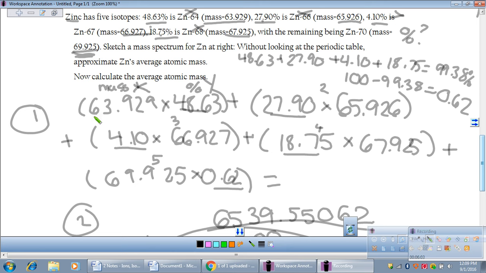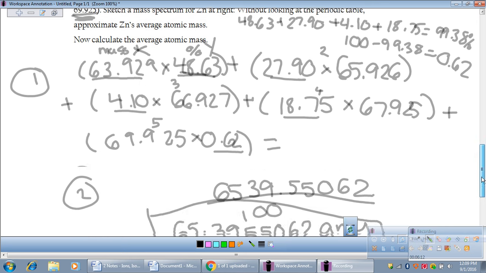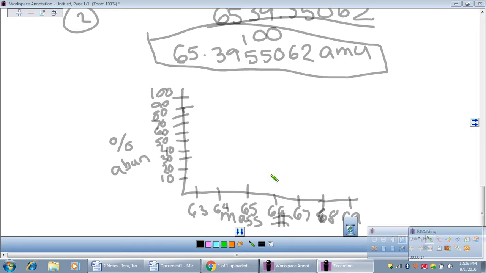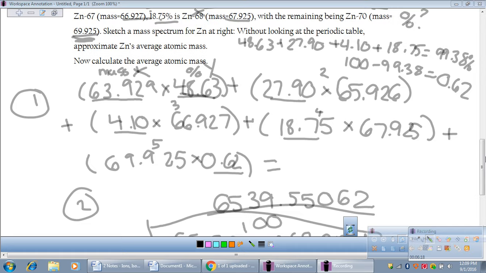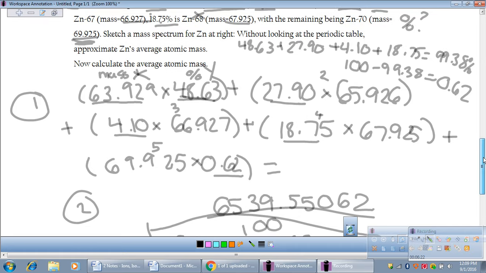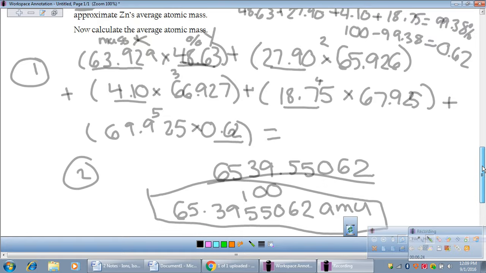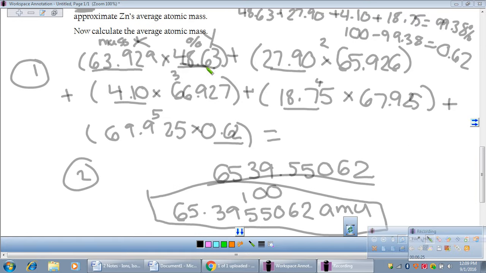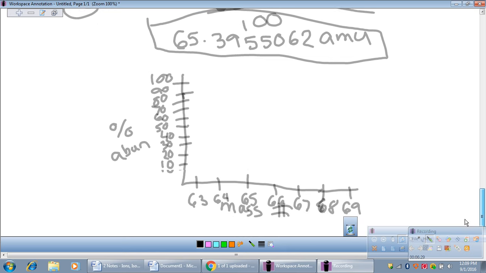So my first isotope is 63.92, and the percent is 48.6. I am going to go to my graph, and let's take a look at the mass. 63.9 is close enough to 64, so I'm going to draw the peak at 64 on my x-axis. And I'm going to take it all the way up to about 49%.